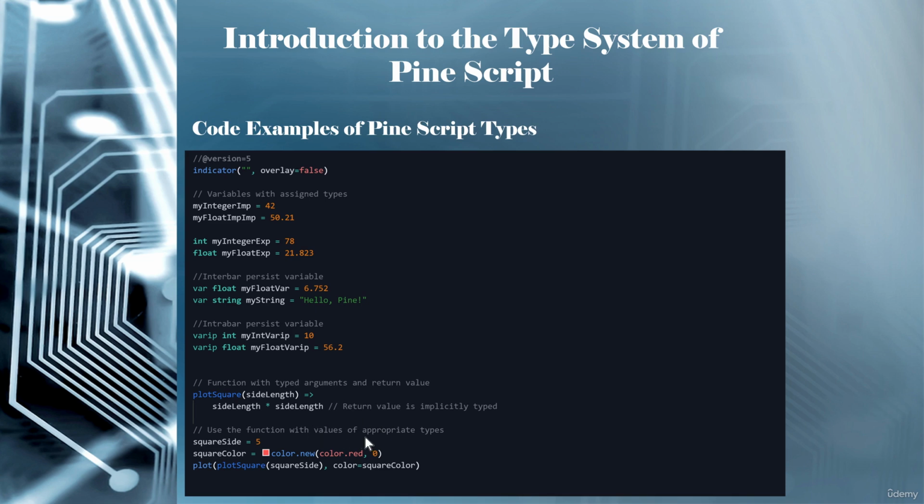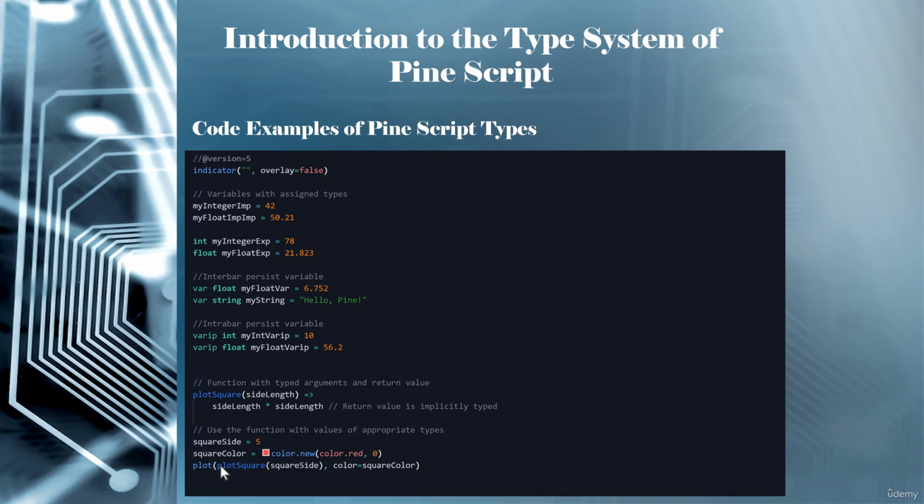It means that if we pass an integer value, it's going to return an integer type, for example, because we multiply two integers and return them from this function. So this function will return an integer value if we pass in an integer value as a parameter. Therefore, we implicitly type the return from this function.